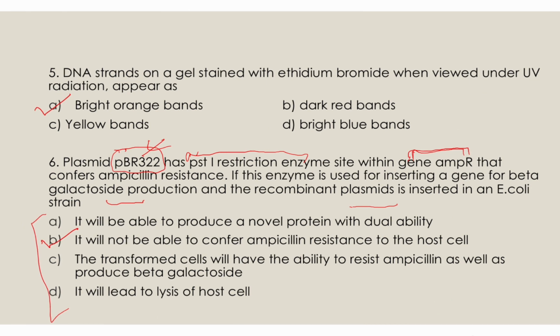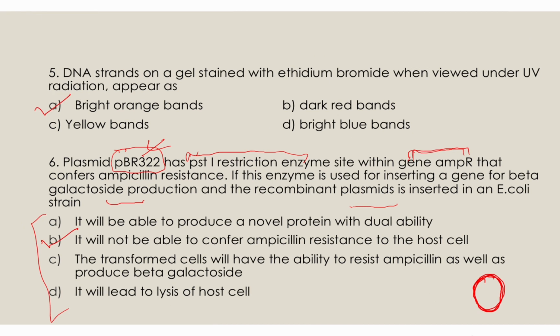These are all plasmid constructions in NCERT, and if you want me to make a video on this, you should comment and I'll make a video on it. Now, the presence of restriction sites within the marker genes tetracycline and ampicillin resistance permits easy selection of transformed cells.